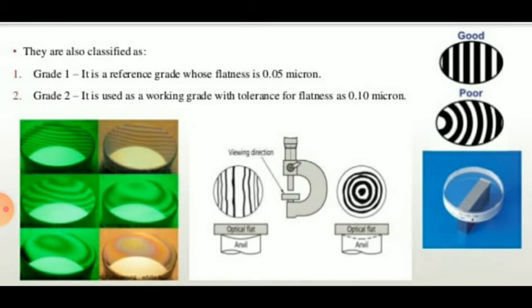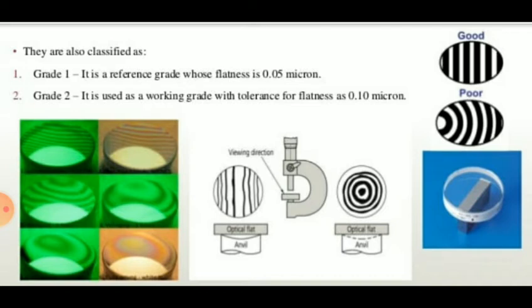So you can see on the left-hand side the optical flats and different fringe patterns that are obtained, and on the right-hand side bottom corner you can see the measuring process.